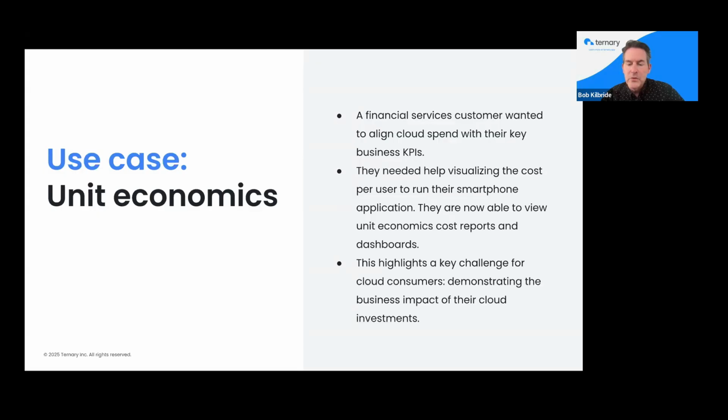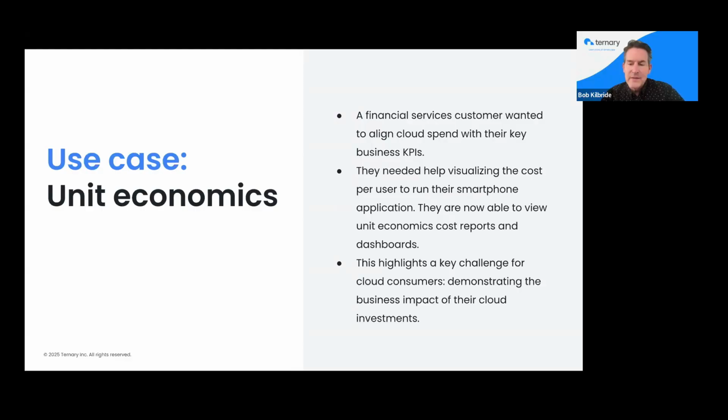What they're able to do is measure the cost per user, and they're also able to see the type of user, what the user was consuming, and the profitability of the user, so they can focus on more engagement with those particular users.